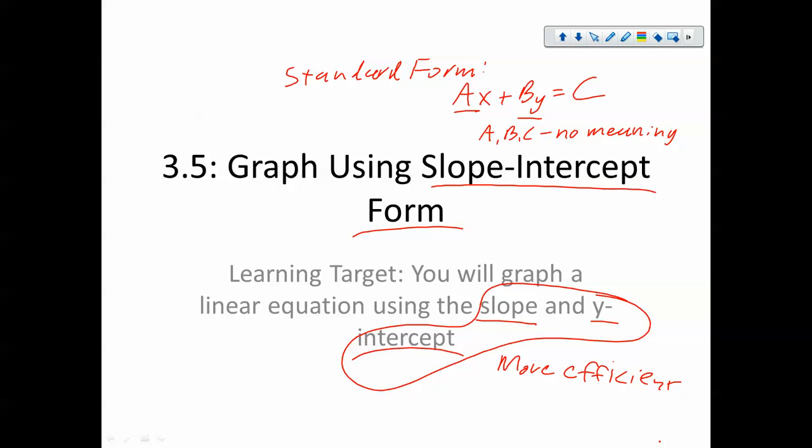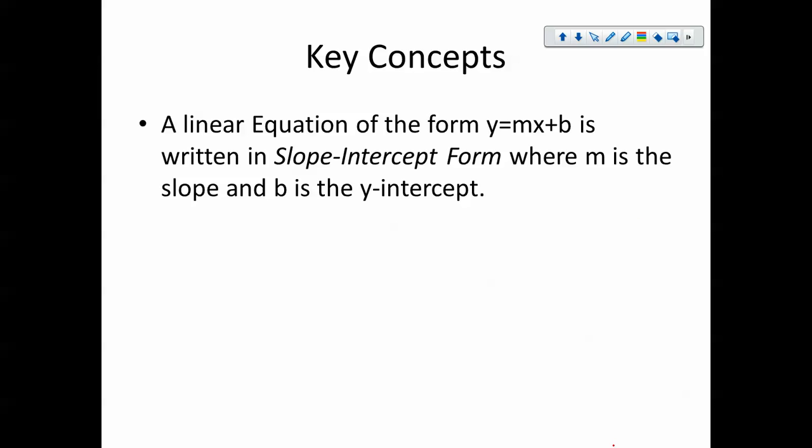Okay, so let's move on. A linear equation of the form y equals mx plus b is written in slope-intercept form, where m is the slope and b is the y-intercept.